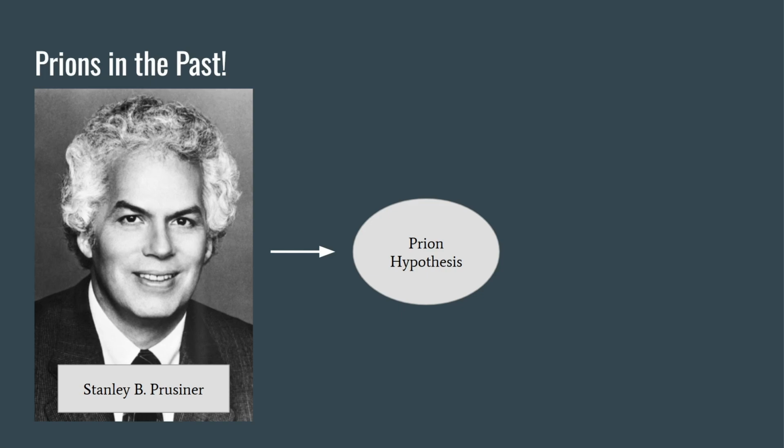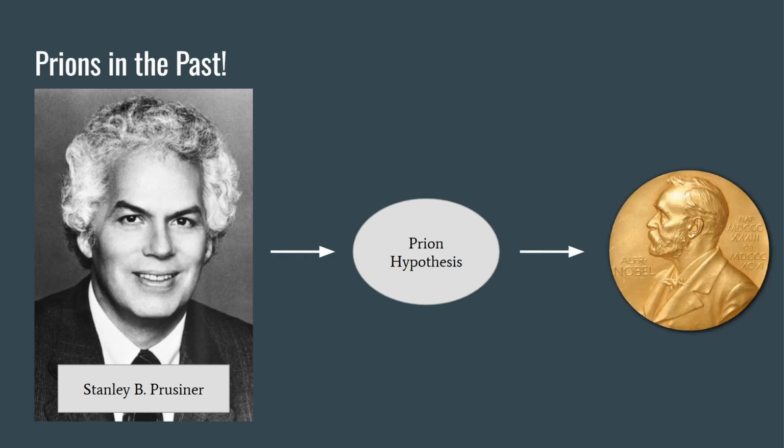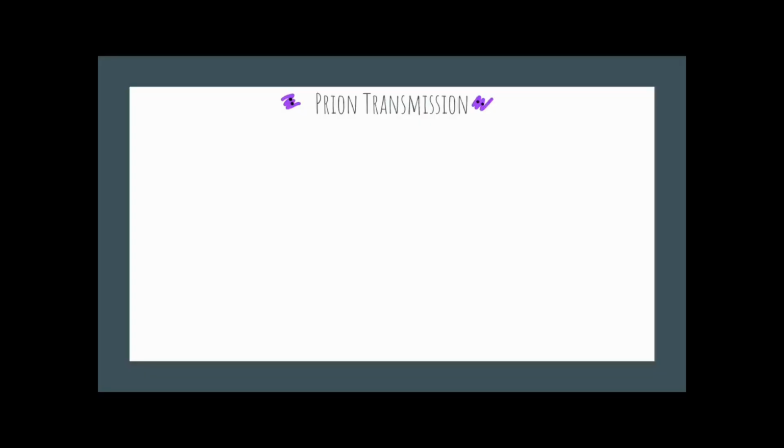Over time, more evidence was discovered that supported the historical prion hypothesis, and in 1997, Prusiner received the Nobel Prize in Physiology or Medicine for his work. The current prion perspective is just a more supported version of the past prion hypothesis due to advancements in the fields of prion research.